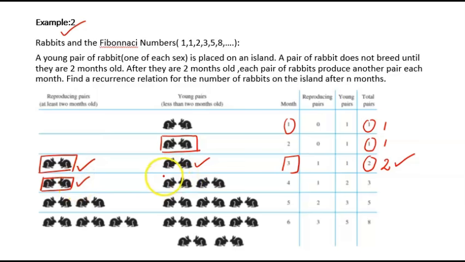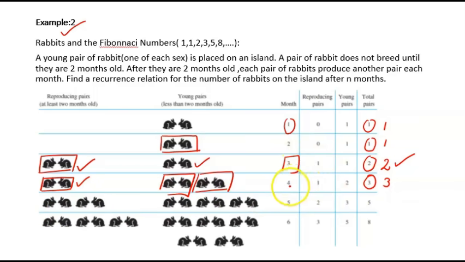So we have another pair. So 1 pair was produced during the previous month, and 1 pair is produced during this month. So now we have 2 young pairs, right? So the total number of pairs of rabbits that will be available will be this 1 plus this 2, that is equal to 3 pairs. Now what will happen?